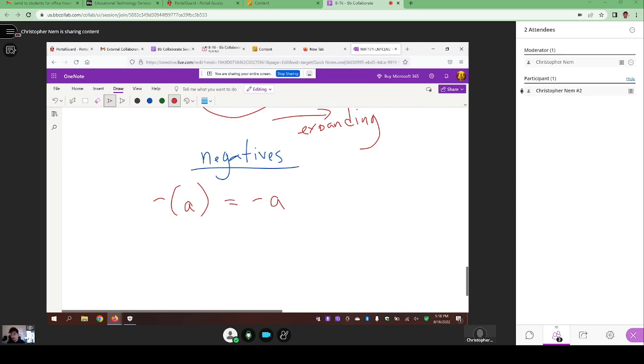It could have been a positive number or a negative number. If that's the case, I can literally say the negative of a negative number can give me a positive number, which is A. And if you see a negative by itself like that, you can always assume this is a negative 1. That's always an assumption we make.